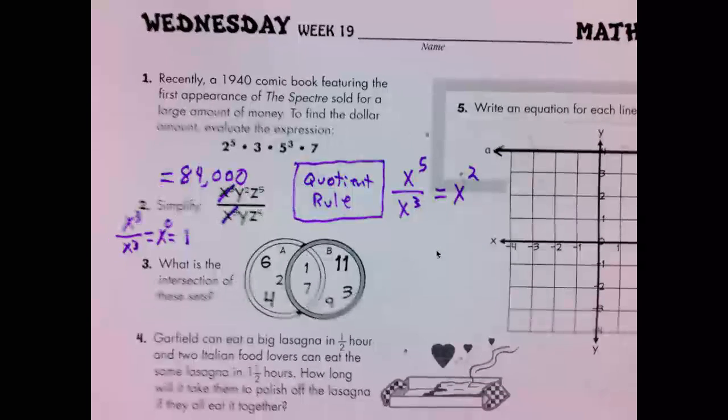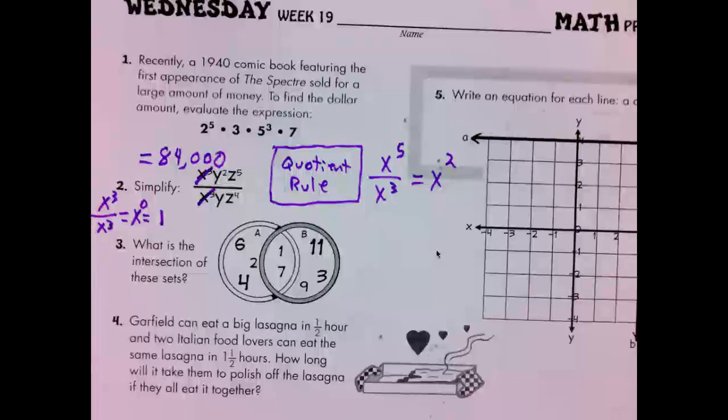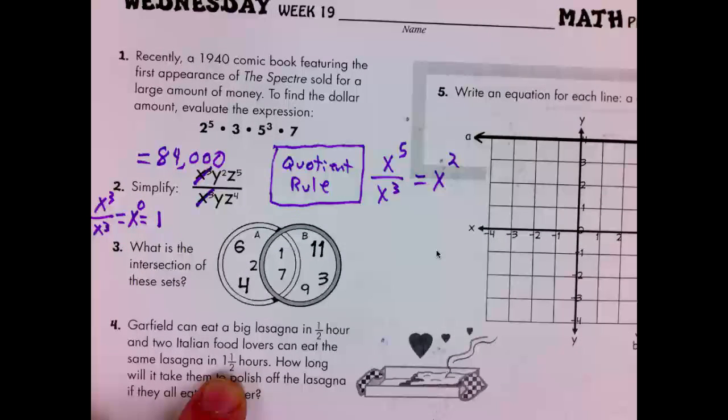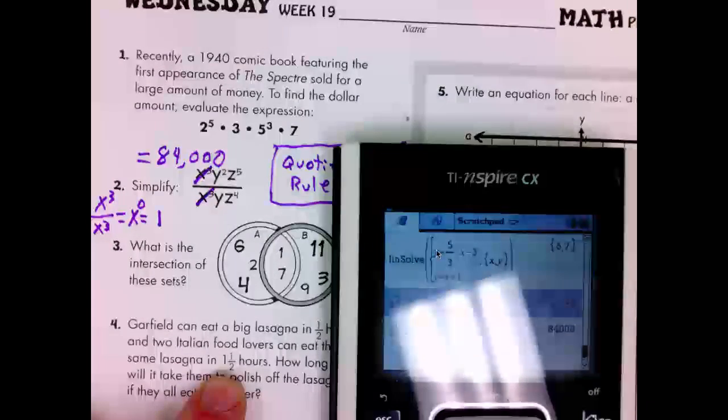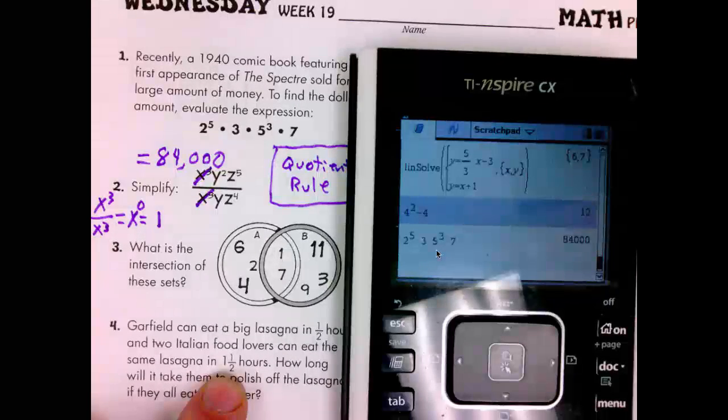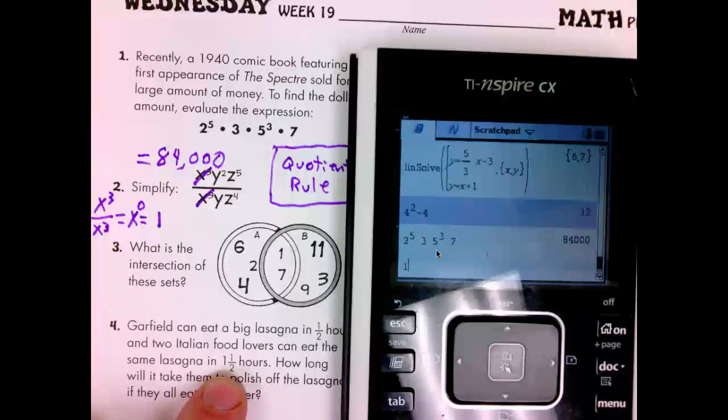Alright, number 4 is simply using our calculator to add. One thing to keep in mind, this is 1.5. You could enter it as 1.5.